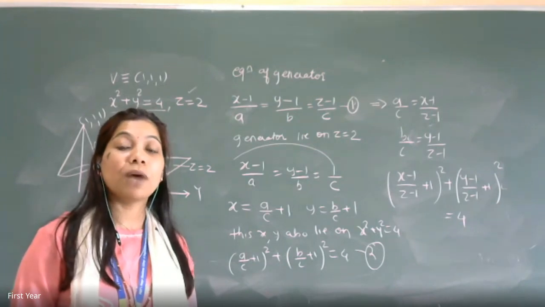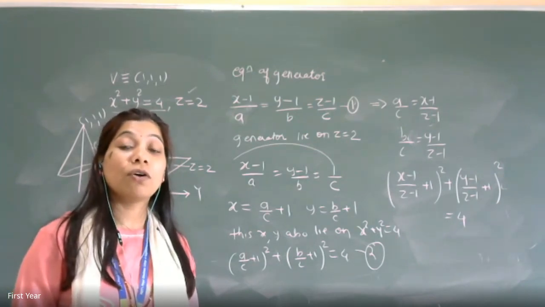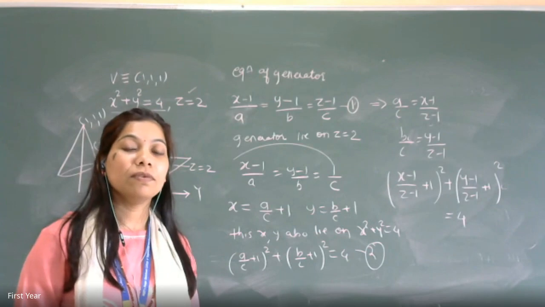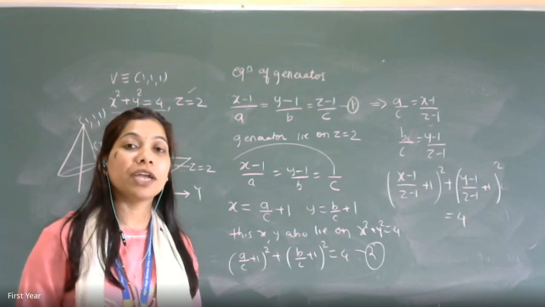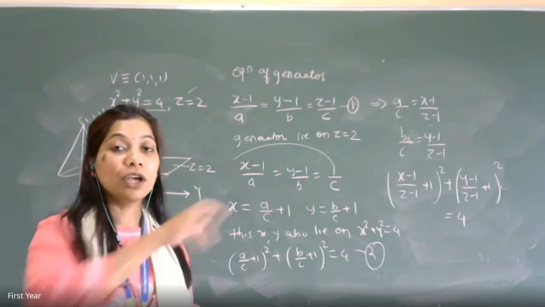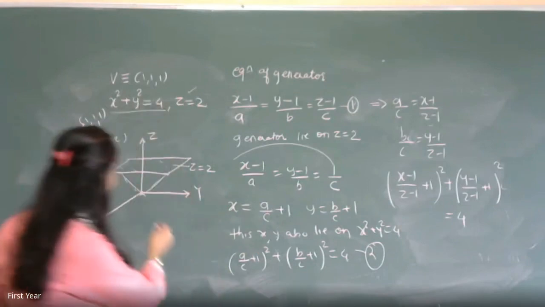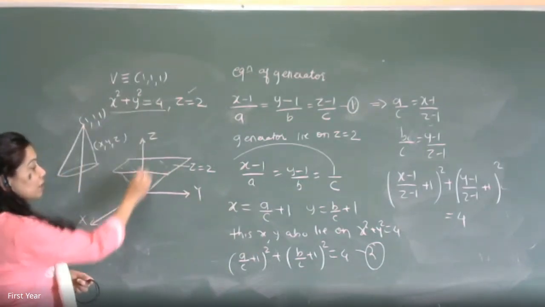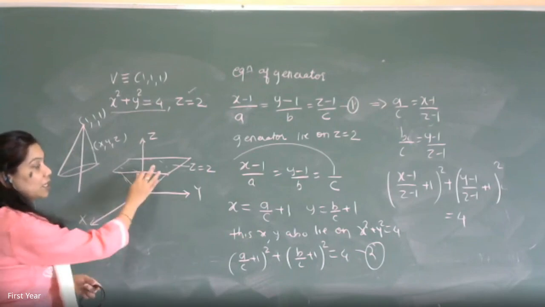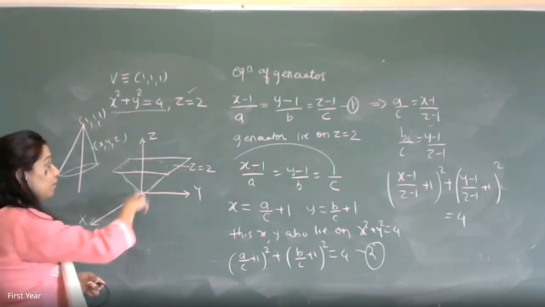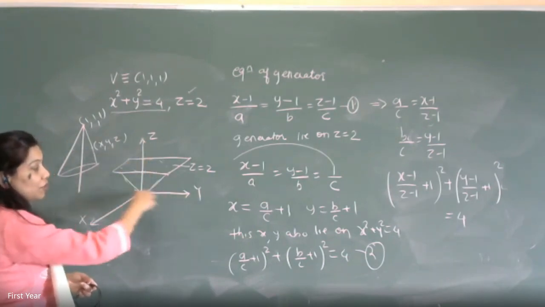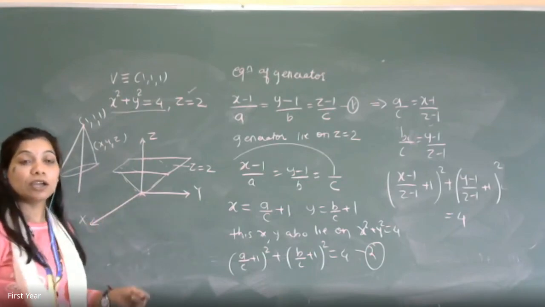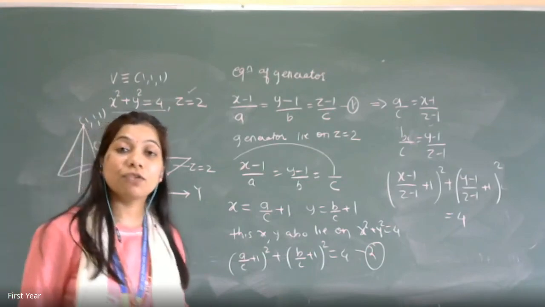It's a cone which is passing through all coordinate axes. Can you imagine all three coordinate axes, X-axis, Y-axis, and Z-axis? The cone will be coming out of it, one of the generators will be this, one of the generators is this. So obviously the vertex will be the origin.